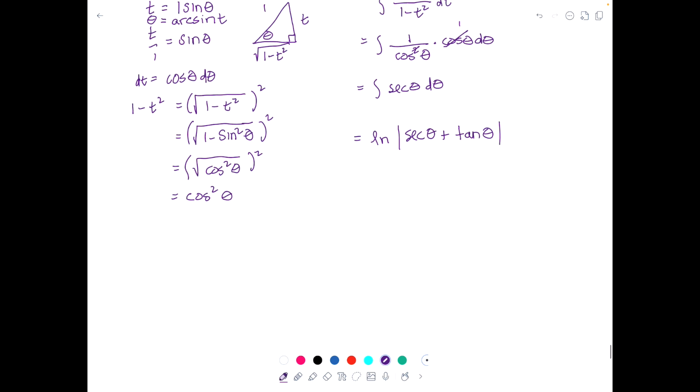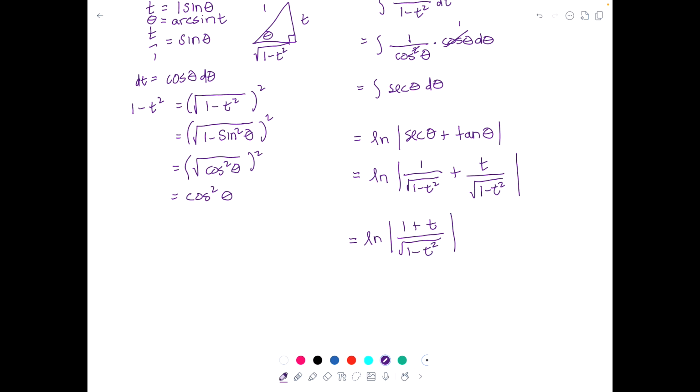I won't put the plus c because we're going to do a definite integral. And then using the triangle, we'll have the natural log of absolute secant theta will be 1 over the square root of 1 minus t squared, plus tangent theta, which will be t over the square root of 1 minus t squared. So we can add those fractions because they have a common denominator. So we get 1 plus t over the square root of 1 minus t squared.